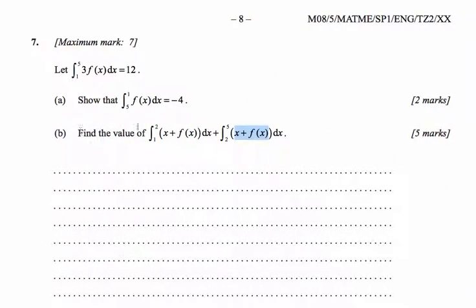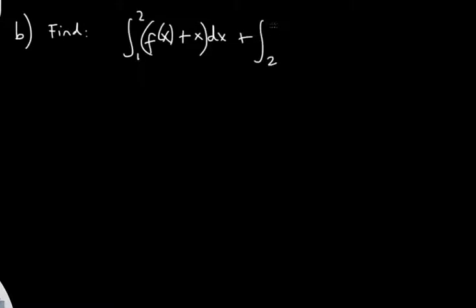Let me see. So let's write it down. We need to find the value of the integral from 1 to 2 of f of x plus x dx plus the integral from 2 to 5 of f of x plus x dx.